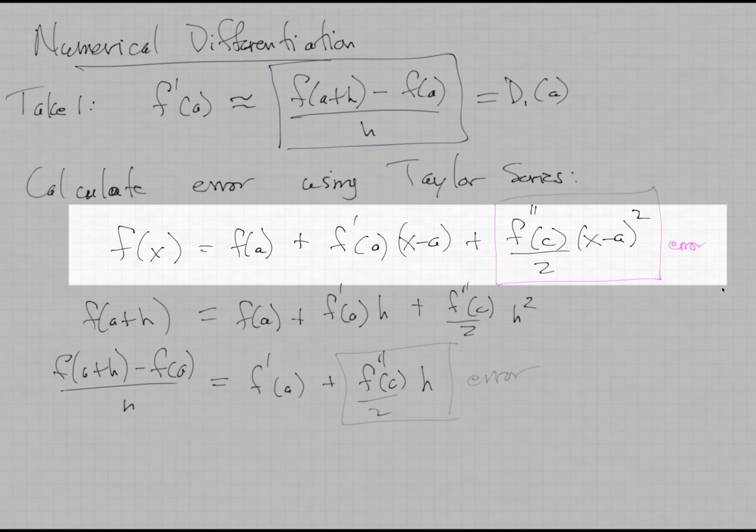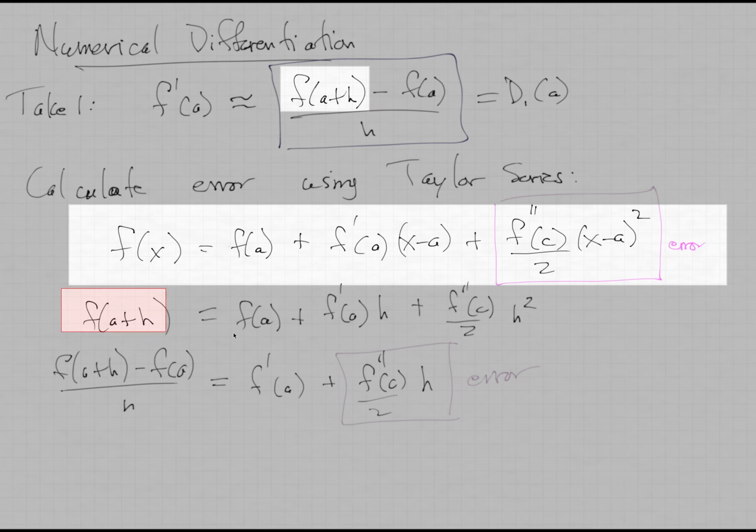So here I'm just doing the first order Taylor series with the second order error term, f double prime of c over 2 times x minus a squared. Right, so we don't know what c is, but we know it's somewhere between the center of the expansion a and the point x that we're interested in. Now when we apply it to this formula up here, we're going to be plugging in a plus h for x, and therefore x minus a is going to become h.